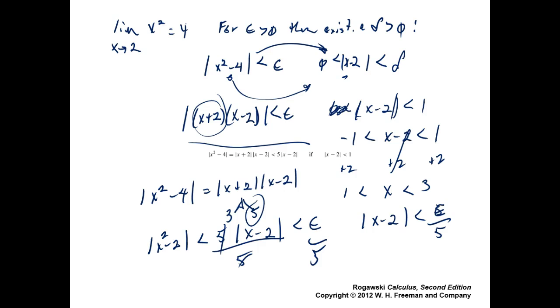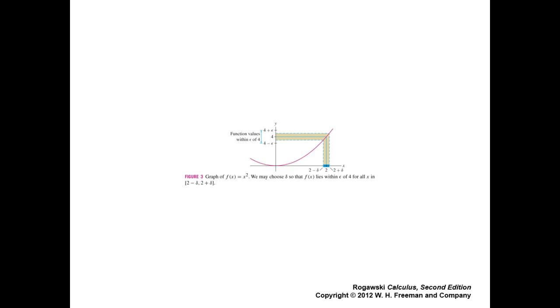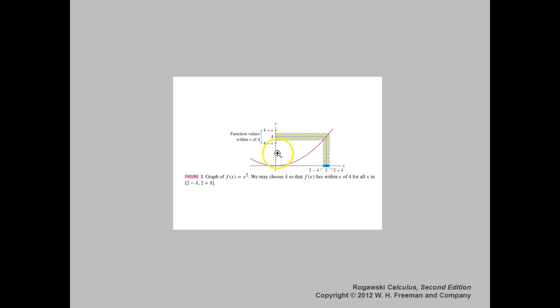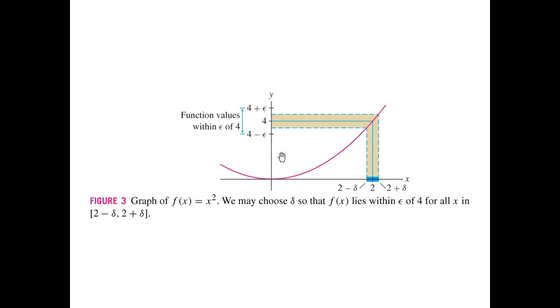And if you thought squaring it made it a pain in the neck, just wait till you see the next one. Oh, and by the way, here's the figure of that one. And again, I swear, when I was doing this in college, I thought, is this really what they call a rigorous proof?